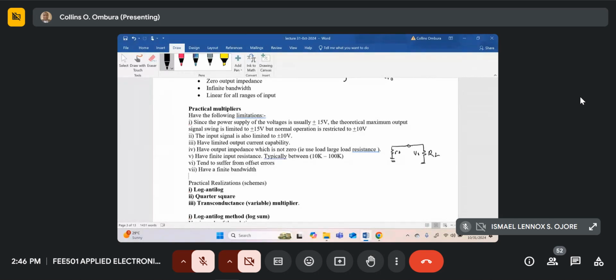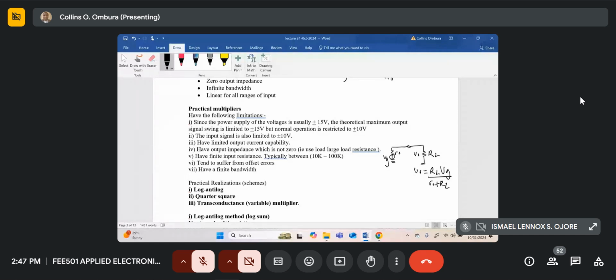If your generator voltage is Vg, then V0 is RL Vg over R0 plus RL. So if you want all the generated voltage inside your multiplier to appear at the output, then RL should be much, much greater than R0. Typically, the load resistance will be maybe 50 ohms or even less.